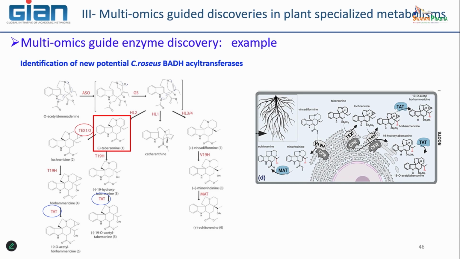After that, this substrate, lochnericin, is taken in charge by the hydroxylase, the classical hydroxylase, that afterwards gives some intermediates that are taken in charge by the newly known acyltransferase, the TAT, to finalize the production of the final alkaloids in the roots. And this is the alkaloid that has the main activity for the plant, obviously, in the roots.